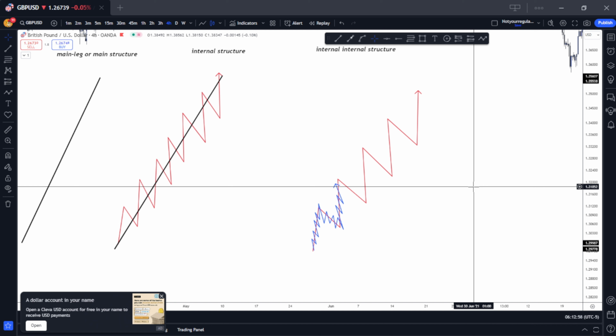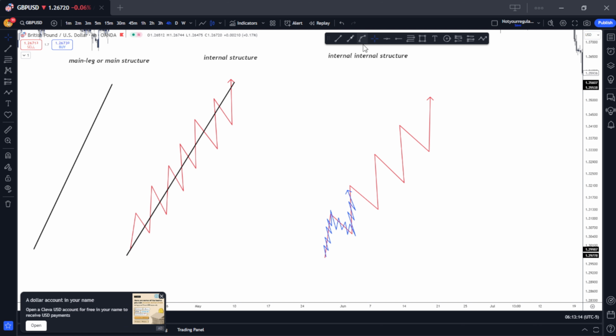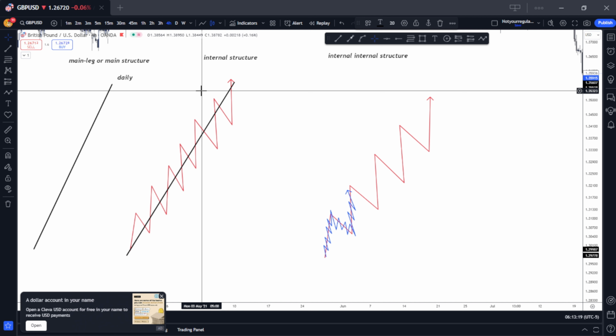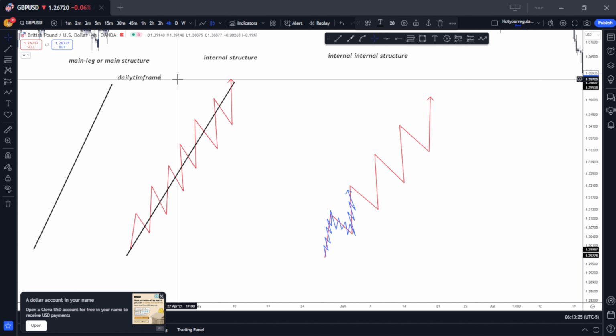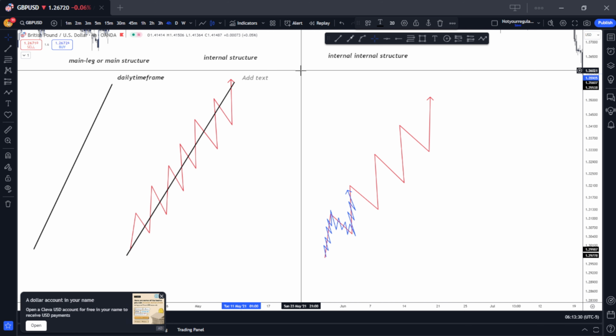So we can see that the market is just like a tunnel that keeps going in and in and in, just keep forming the same structure in different time frames. So this our main structure can be the daily time frame, and this internal can be our 4 hour time frame.